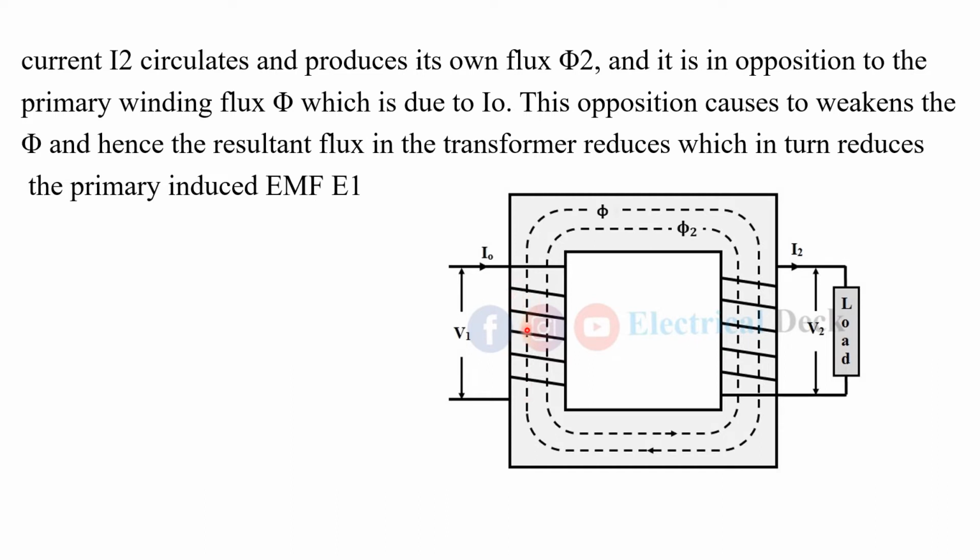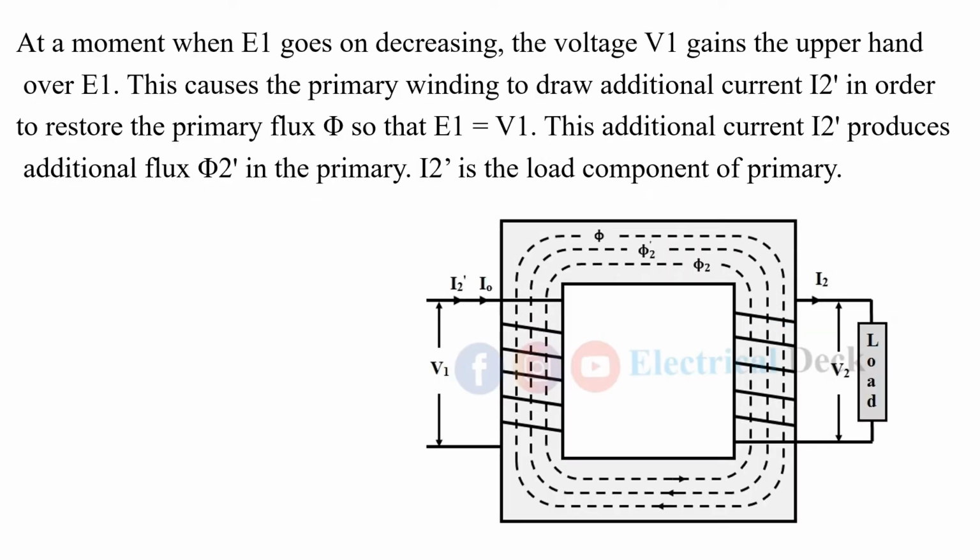So this is the important point that we need to remember. E2 will decrease due to the reduction in the main flux.